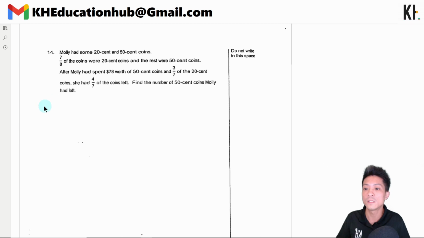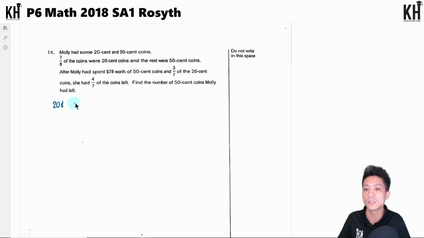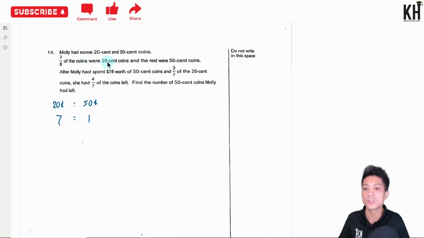The first thing I'm going to write down is the ratio of the 20-cent coins to the 50-cent coins. That will be 7:1 because 7/8 of the coins were 20-cent coins and the rest were 50-cent coins.